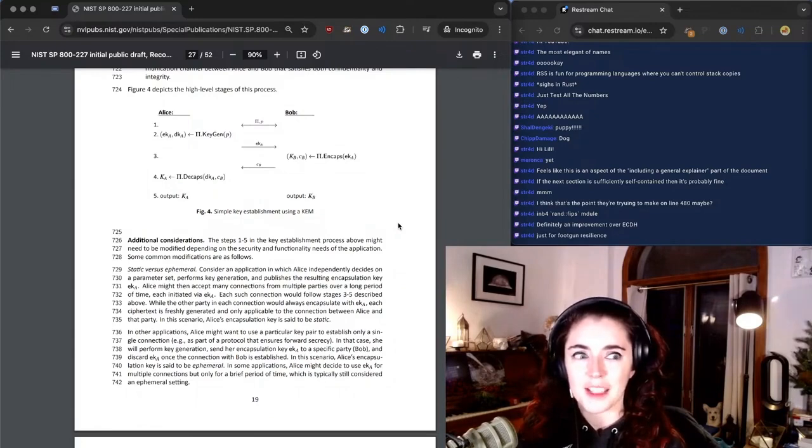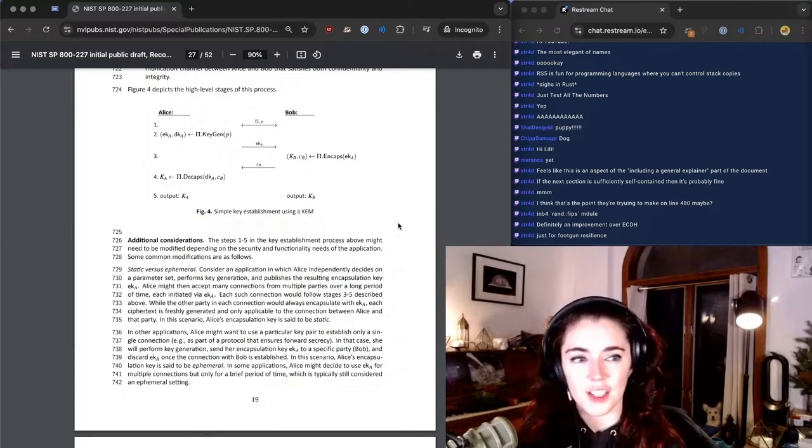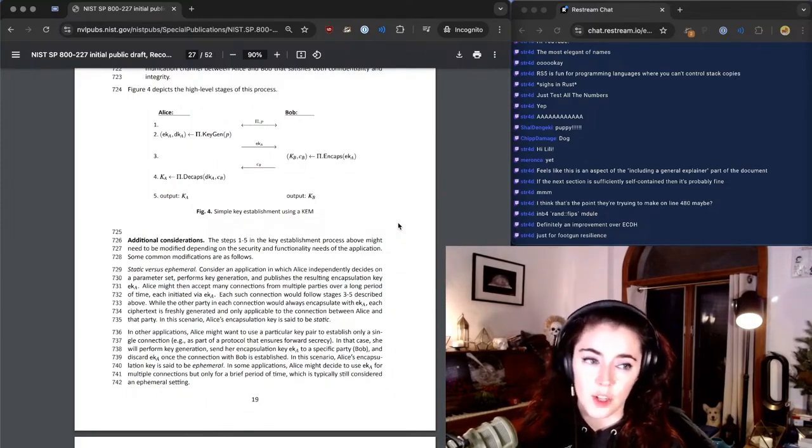Like, if you can always trigger a decapsulation failure, then you will always have the same value as a shared secret, and whoopsie doodle, everyone can just listen to all the traffic and decrypt all the traffic that's encrypted under that shared secret, or something that's derived from that shared secret in a deterministic way. That's why things like Kyber and ML-KEM and others that use a similar thing use an implicit rejection FO transform.